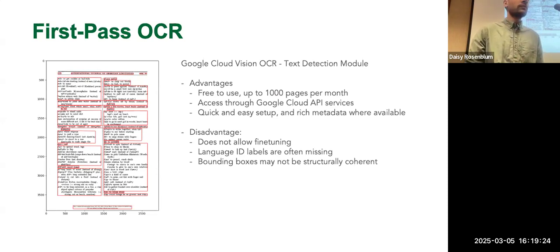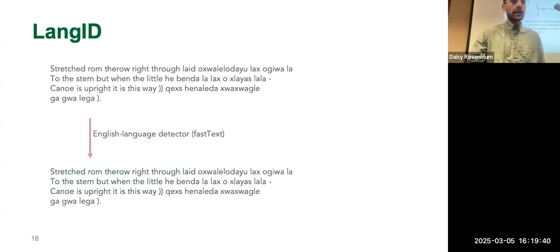Some disadvantages: it does not allow fine-tuning. We don't have access to the backend core model. It's API access only, but it does work quite well for Kwakwala as compared to the other models that have a larger learning curve and setup curve. So that's the first step.